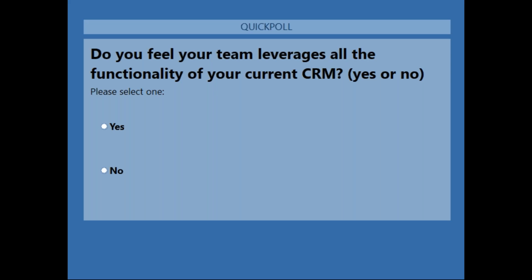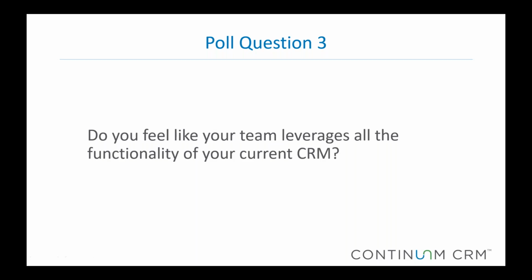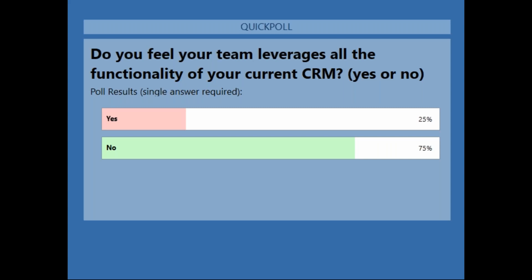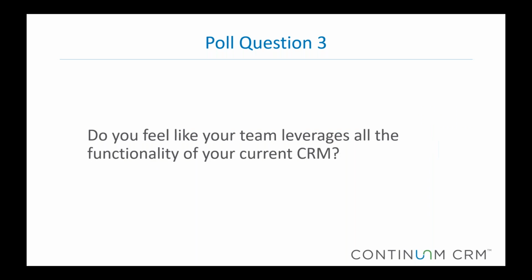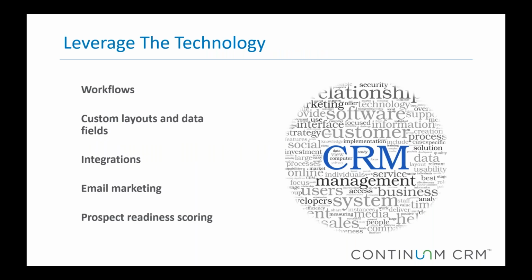Wow, this is important. I'm going to share results real quick. About 75% do not feel like they're currently leveraging all of the functionality. Yeah, that is a big part of user adoption, right? If you have good user adoption, good onboarding and training, and continued support, all of those things layer together to result in leveraging the technology.